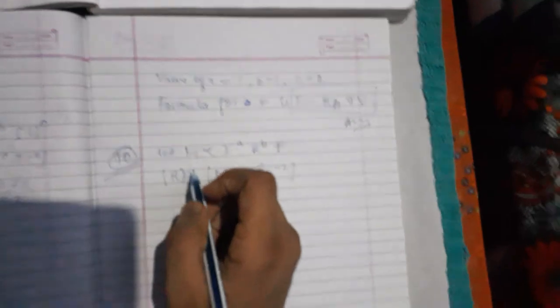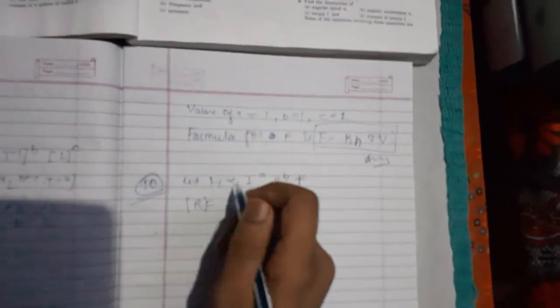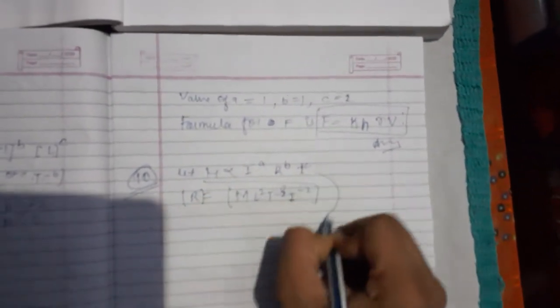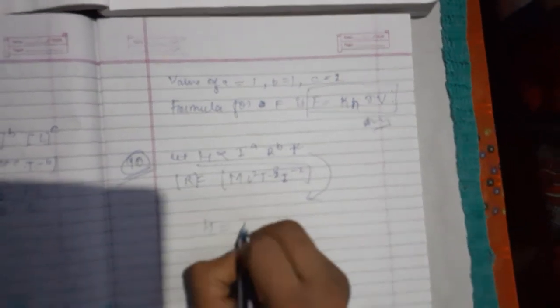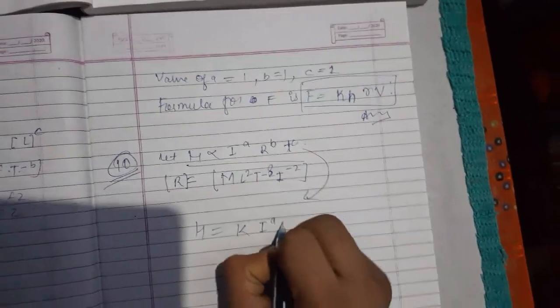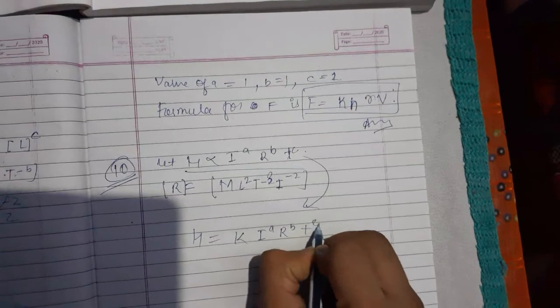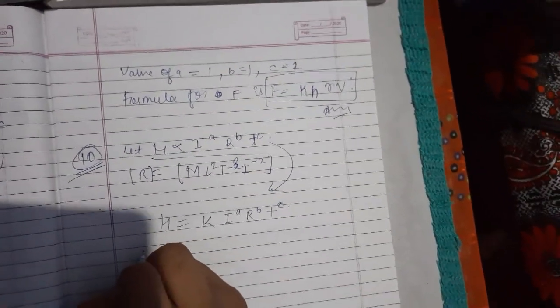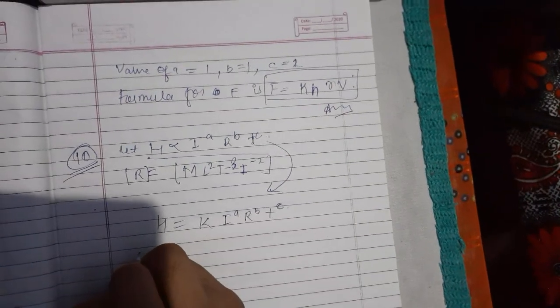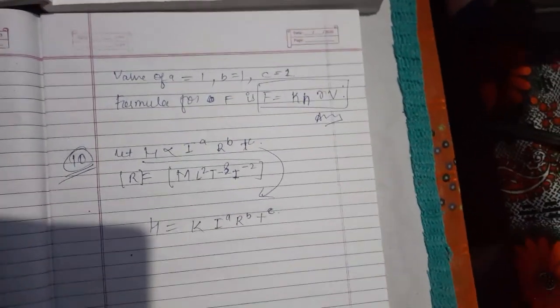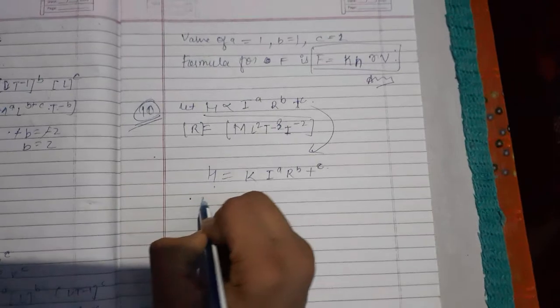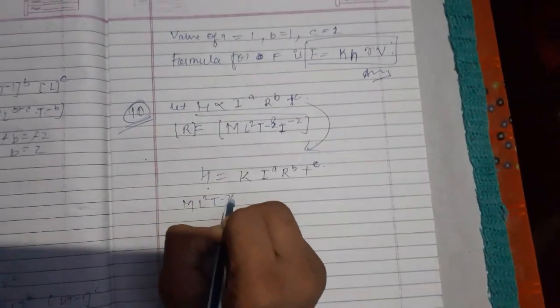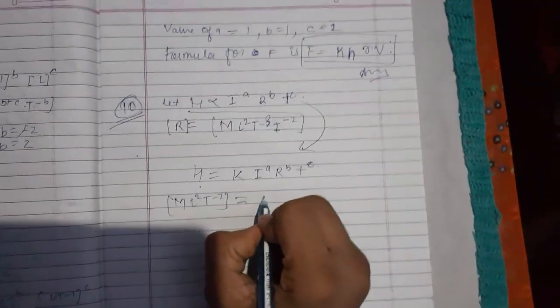So we can do this by assuming that H equals k I^a R^b t^c, where k is a constant. So we will put in the dimensions of all. The dimension of heat, we usually know, is ML^2 T^-2. The constant will have no dimension.